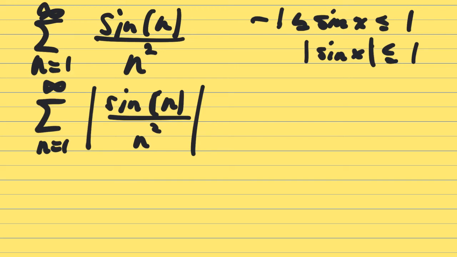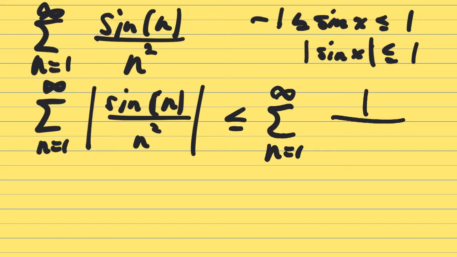Ultimately, what I'm trying to accomplish by showing you that compound inequality and subsequent absolute value is that once you absolute value the original series, it is going to be less than or equal to 1 over n squared.